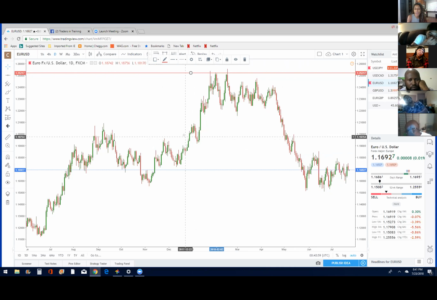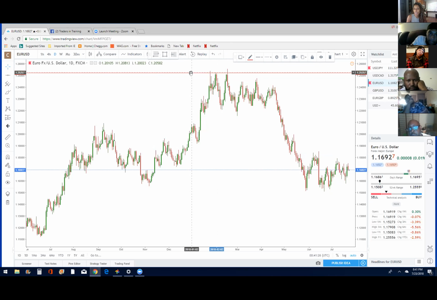The top of the body of the candle is where price actually closed at, right? That's where price actually was. It's like if you go to the line chart, it will show you exactly where price closed at. But the wick is showing you where price actually extended itself to. Okay, so if your question is what's the high of the day?